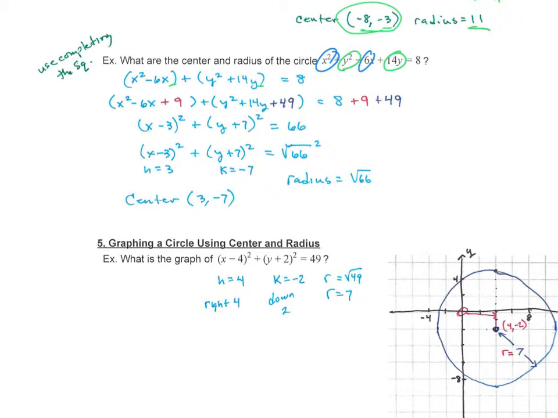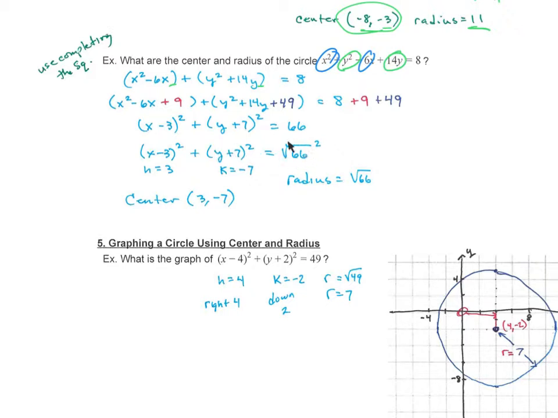So I am going to take this perfect trinomial square right here and put it in factored form. That gives me x minus 3 squared, starting to look familiar now to that translated formula, plus y plus 7 squared equals 66. And now is the time when I'm going to work on this and say, okay, this looks like a factor.